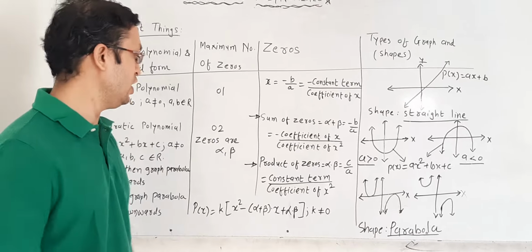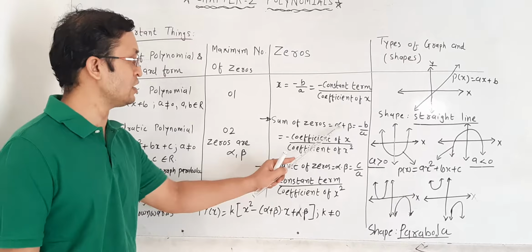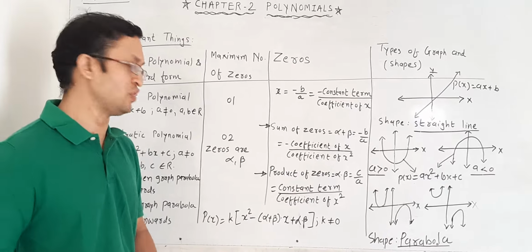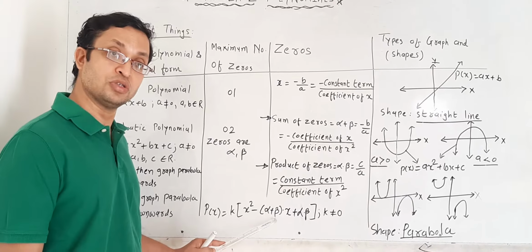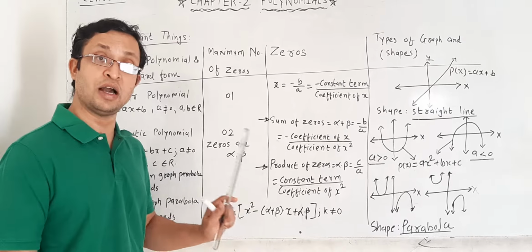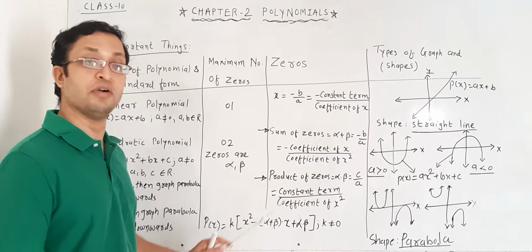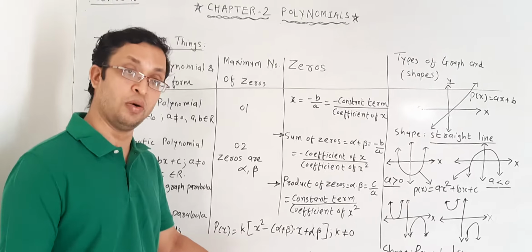Remember this one. And the last one, if the sum of zeros, alpha plus beta, is given in a question, and the product of zeros, alpha into beta, is given, then substitute the values in this form.